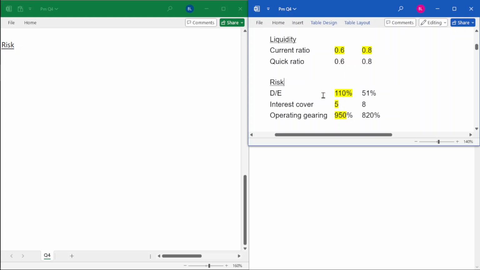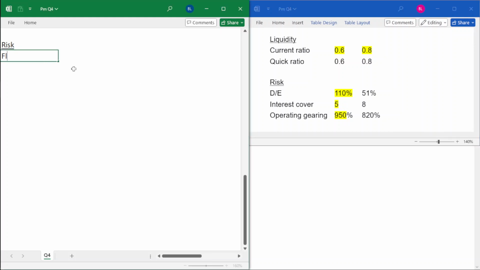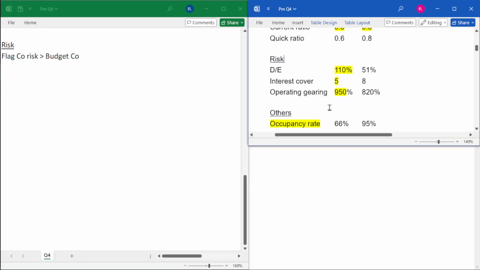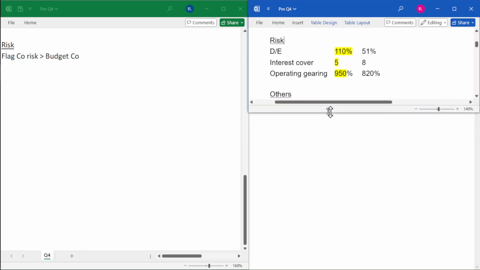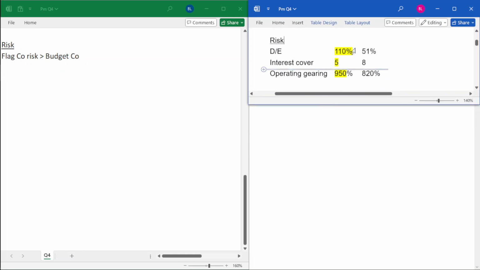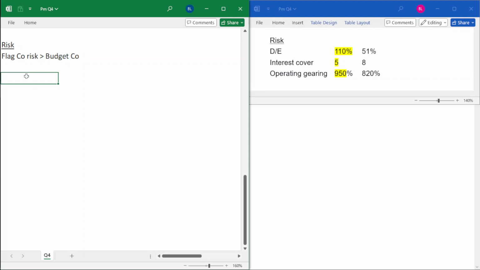So let's say Flagco's risk is more than Budgetco's. For the risk part, we can talk about the D/E is high, interest cover is high, and then the operating gearing is high.